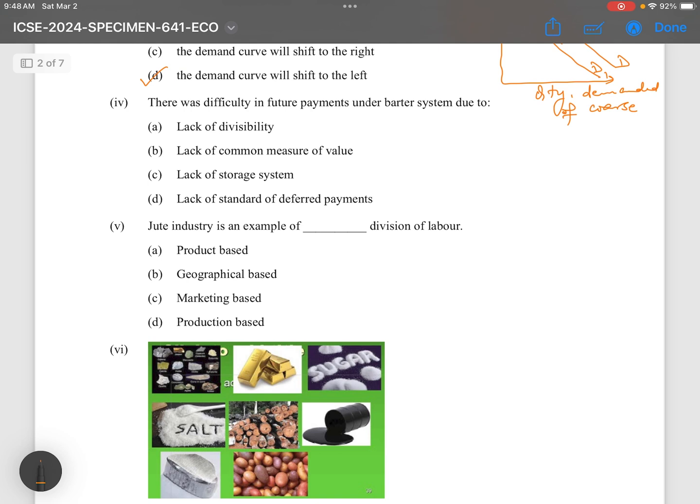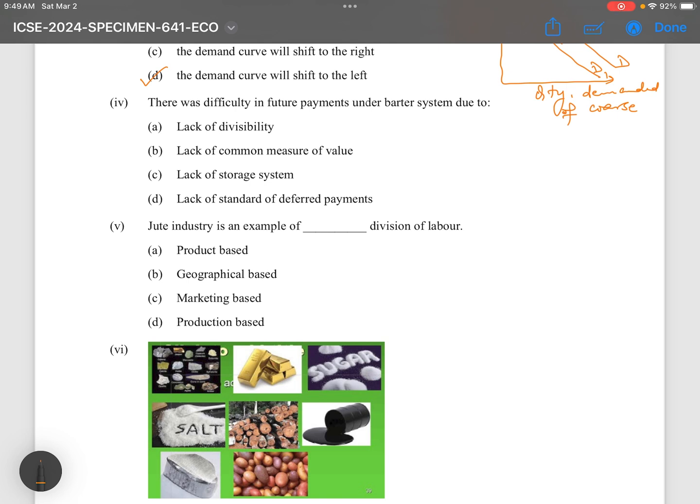Next question is, there was difficulty in future payments under barter system due to lack of visibility, lack of common measure of value, lack of storage system, lack of standard of deferred payments. Now these are all difficulties of barter system.